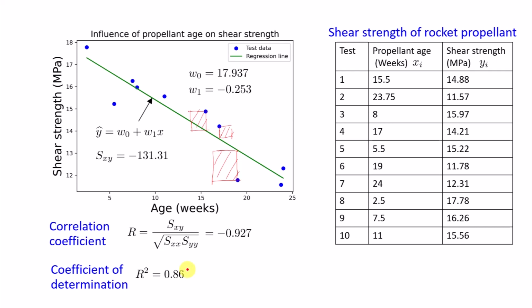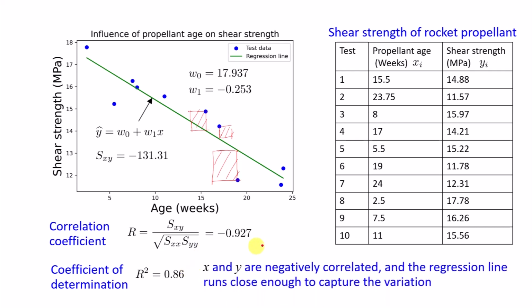What we can say is that r is negative, it is telling us that as x increases, y is decreasing, and that trend is captured very well in our regression line. R square is 0.86. That tells us that it captures reasonably the variation in the data.